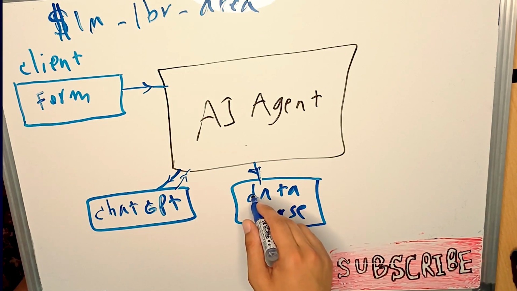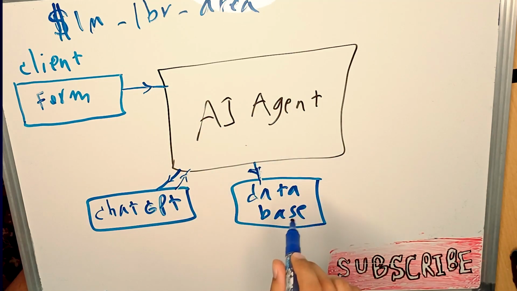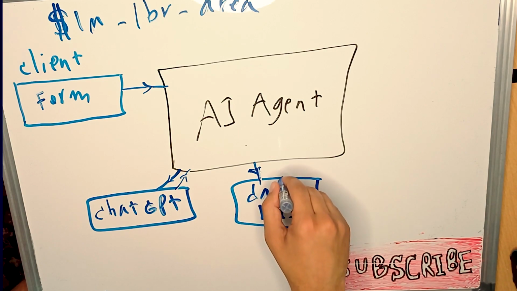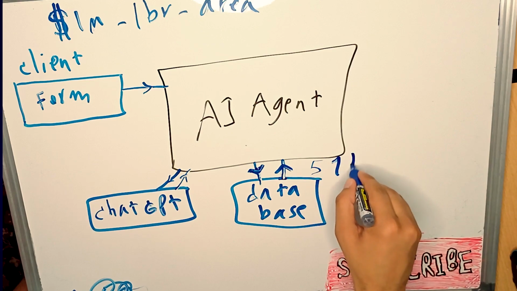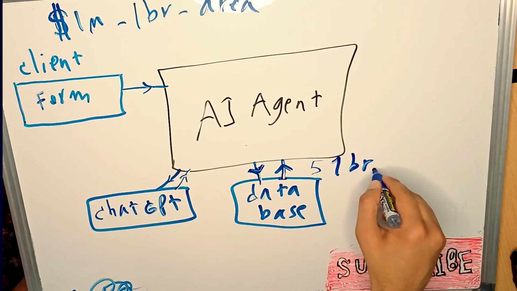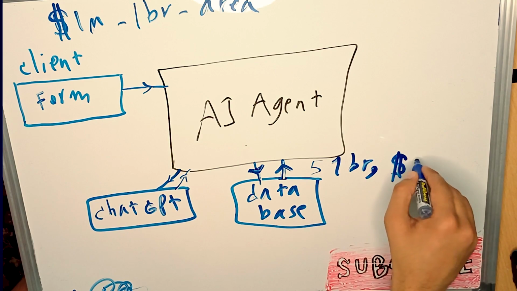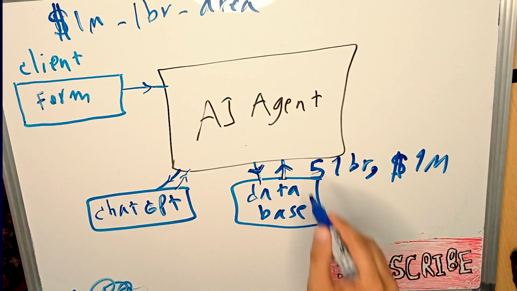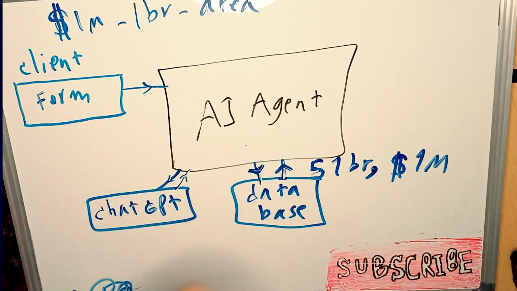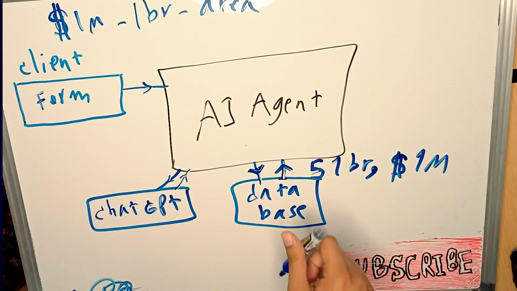And then when they find them, like 4, 5, 6, 10, whatever, you can just tell the AI agent how many properties you're gonna give to the clients. Say it finds 5 one-bedroom apartments costing almost $1 million. Sorry for my bad handwriting, but yeah, it will find 5 of them.